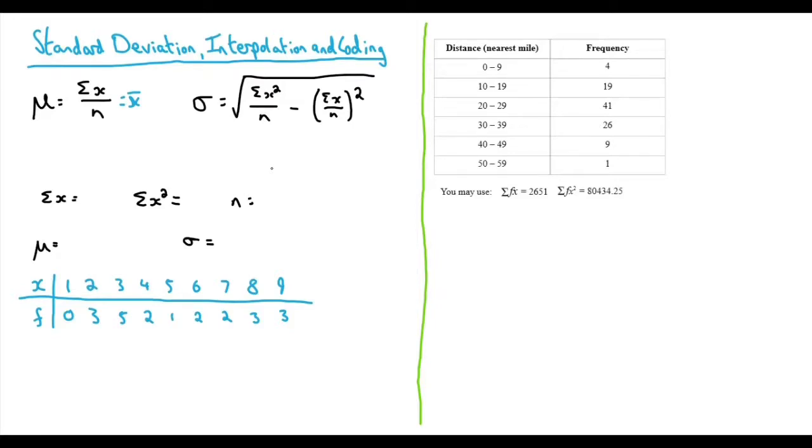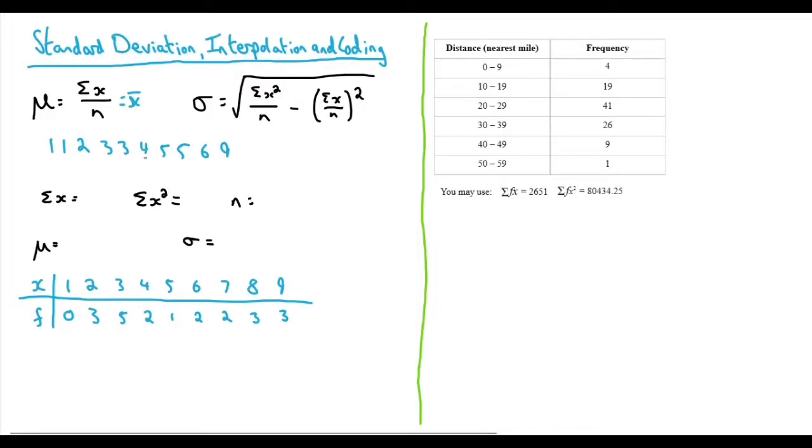So if those are your formulas, how do we apply them? Let's just say we had a set of numbers. Let's say 1, 1, 2, 3, 3, 4, 5, 5, 6, and 9. To start working out our mean and standard deviation, we're going to need the sum of x, so the sum of all these x terms, the sum of x squared, so the sum of all of these numbers individually squared, and then just how many terms there are in total.